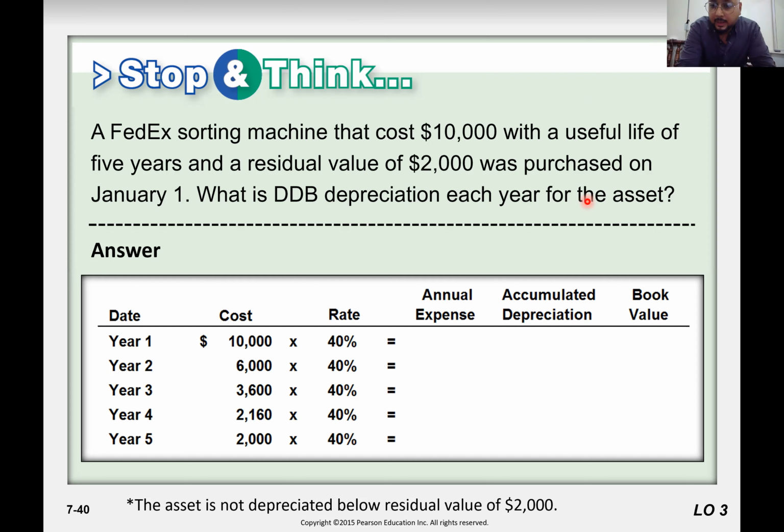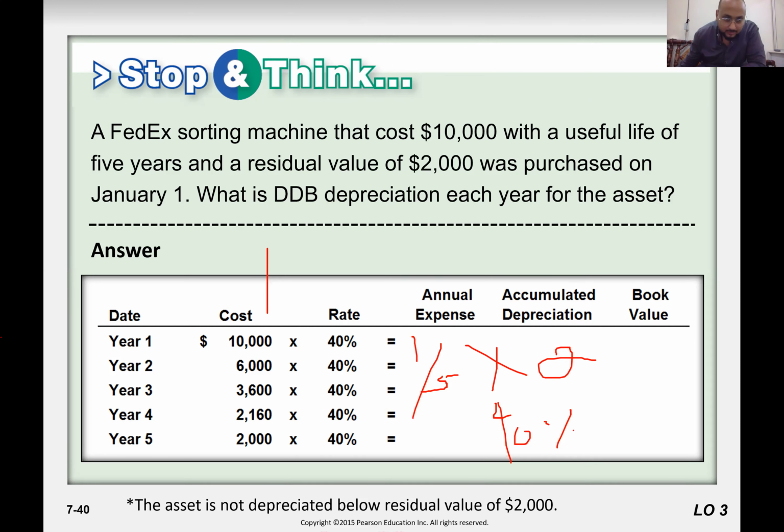So 1 by 5 multiplied by 2. Answer would be 40%. Right?